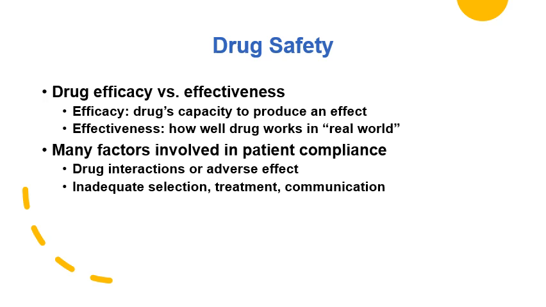We want to make sure there's good communication, and the patient-provider relationship is very important. Make sure the drug selected is going to be beneficial to the patient, and that the patient is well aware of the treatment and what to expect. If the patient has positive expectations, many times that can enhance the treatment and enhance compliance.